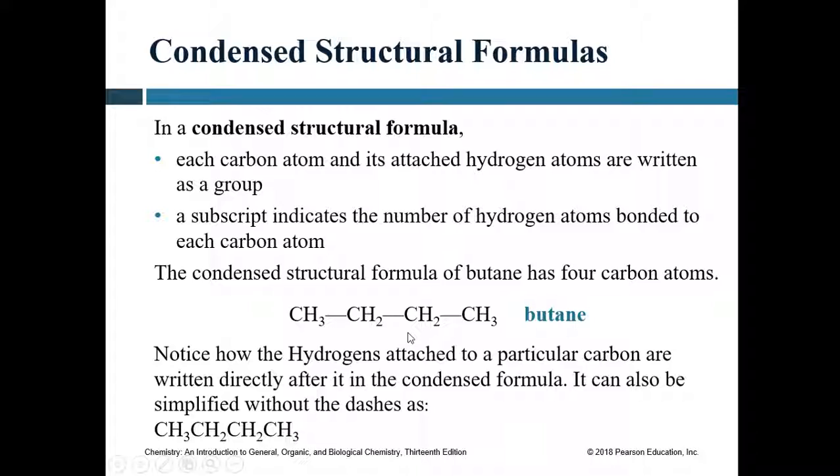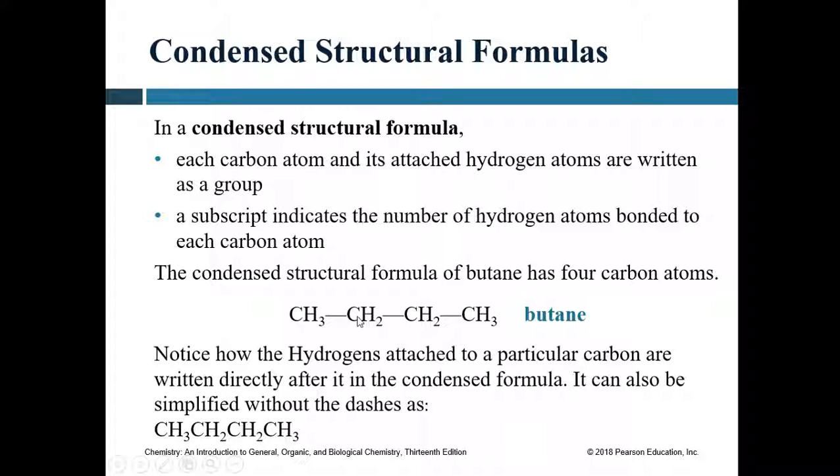We learned in the last section that carbon always has 4 bonds. So this carbon is attached to the next carbon, which means this first carbon then has room for only 3 hydrogens. So it'll have 3 hydrogens, and those 3 hydrogens are shown bonded to it. Now then, this second carbon is attached to the first carbon on the left and the third carbon on the right.